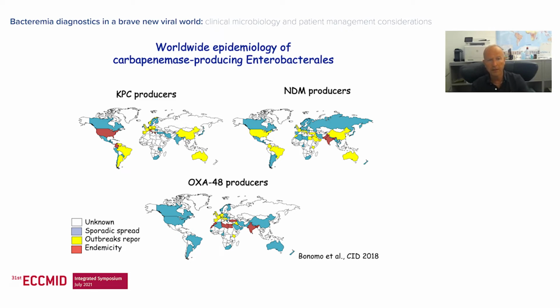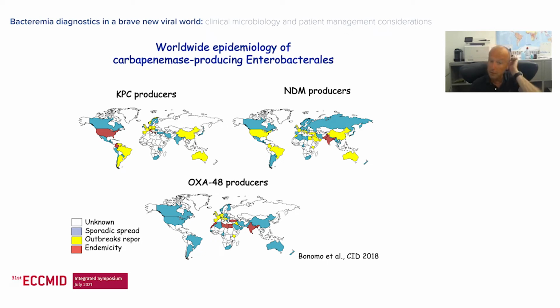And you see here that there are some discrepancies. KPC producers, for instance, are supposed to be considered endemic in the US, in Colombia, and in some other European countries, whereas by contrast, OXA-48 producers may remain at quite a low level in those given countries.